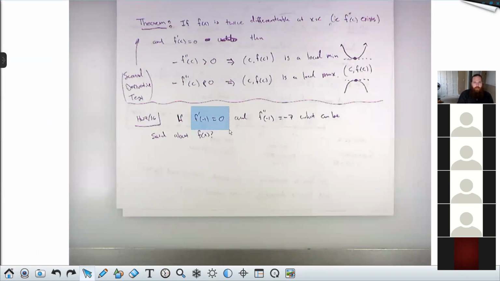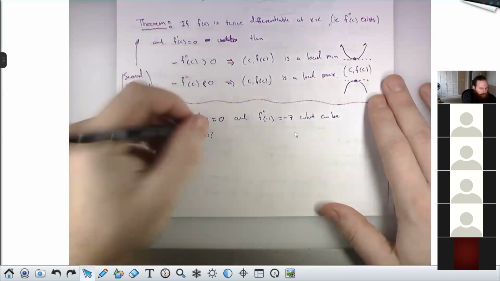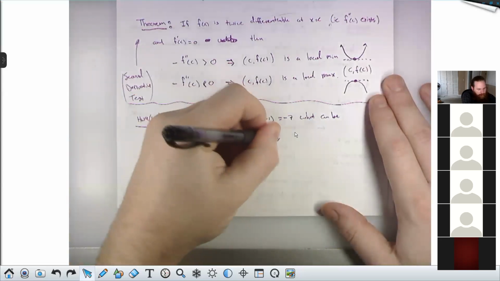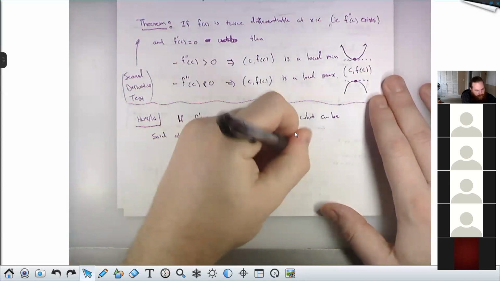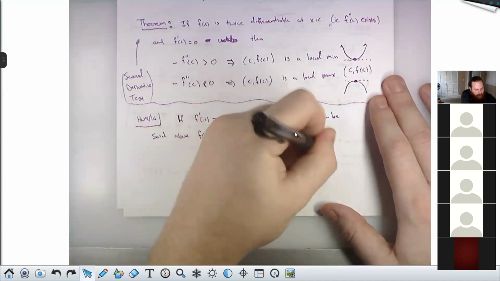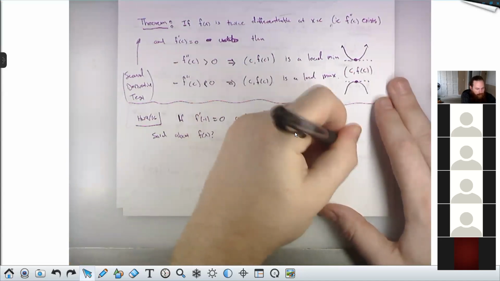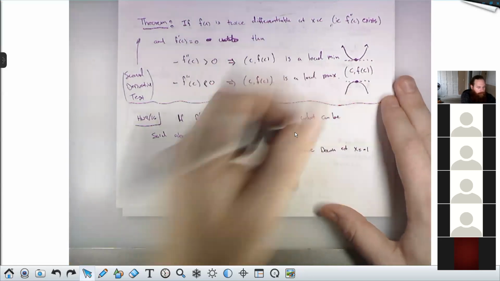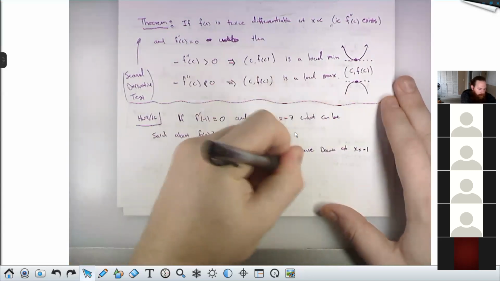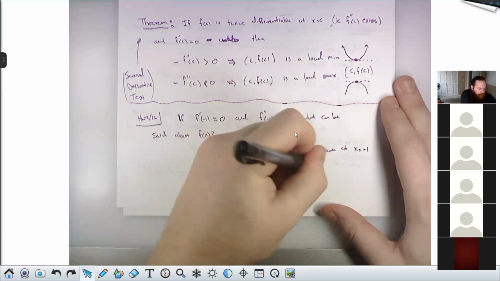If f prime of -1 is 0 and f double prime of -1 is -7, this piece tells me that f of x is concave down at x equals -1, because f double prime of -1 is negative.